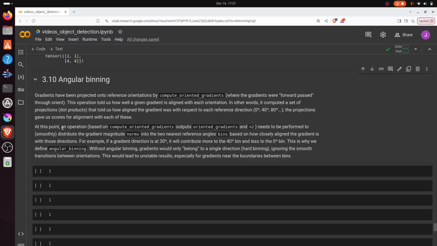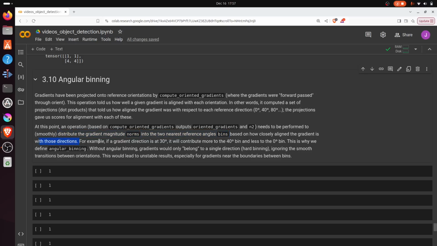The next step is to perform an operation that is going to give us a distribution of the gradient magnitudes into the two nearest reference angles, based on how closely aligned these gradients are with respect to those directions.